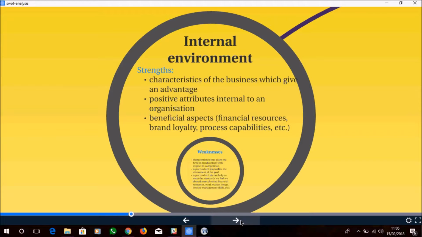So the strengths, well, you can see are the characteristics of the business which give an advantage, positive attributes internal to the organization. This is why we are talking about the internal environment, or some beneficial aspects.